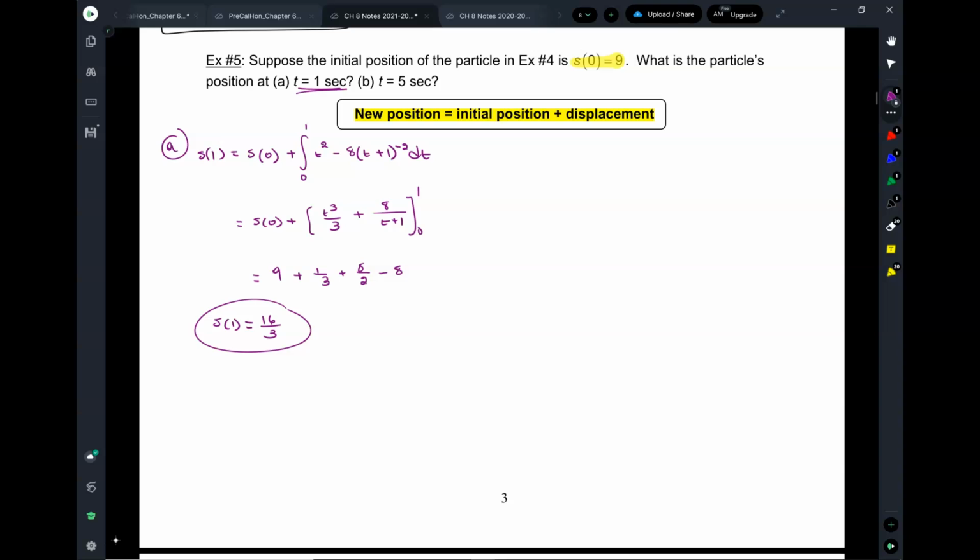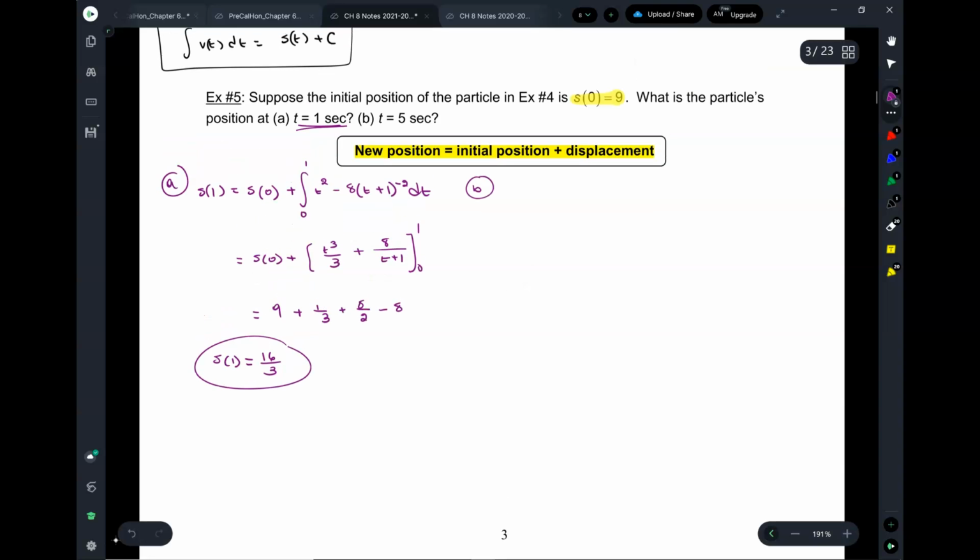Now, B, I want s of 5. So it's the same sort of deal. Minus, you plug in the 0, you get 0 plus 8 over 1, which is 8.